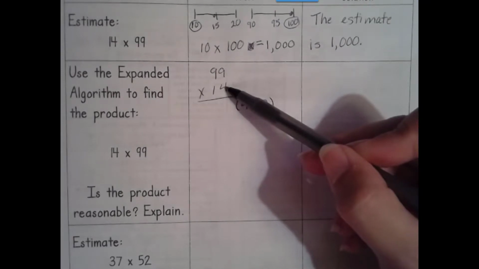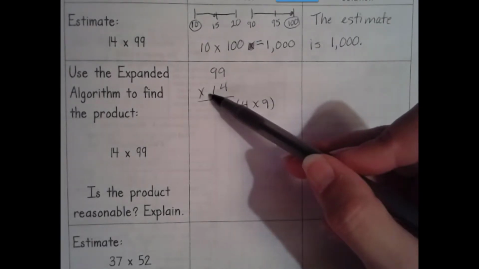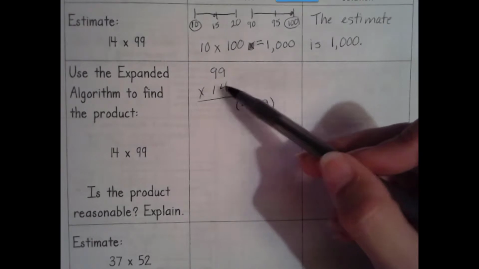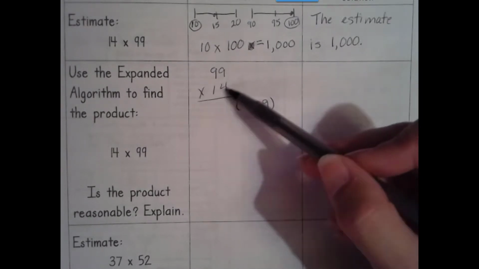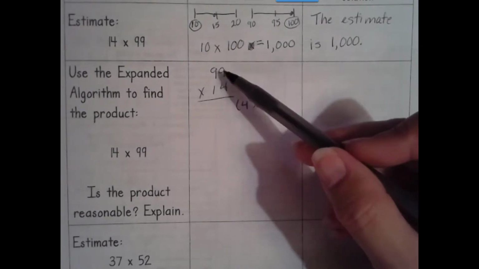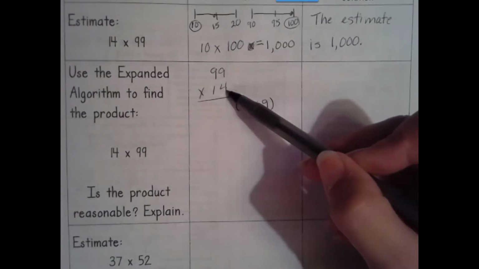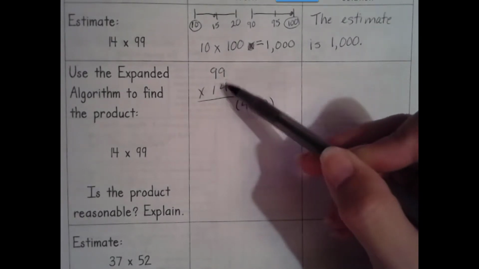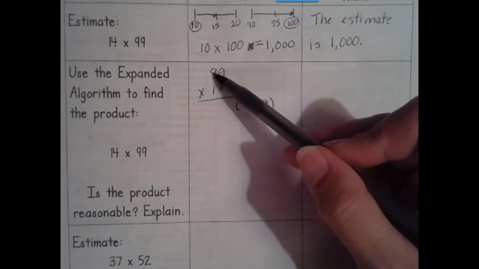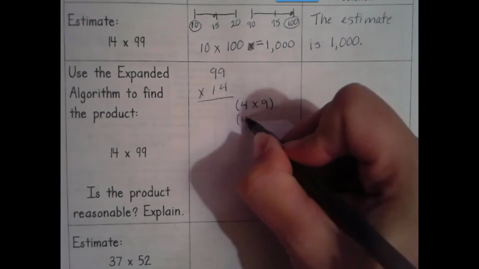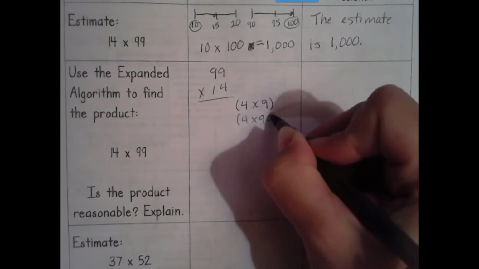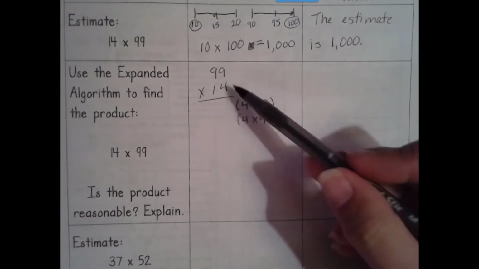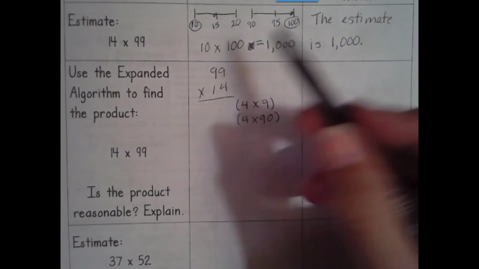So this is what's being multiplied to here, never to here. We don't multiply in the same number. I'm not making 14 groups of 14. I'm making 14 groups of 99. So 4 groups of 9, and then 4 groups of 90. So that takes care of the 4 groups of 99.